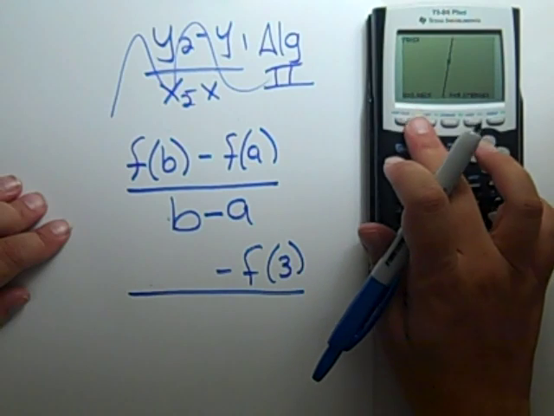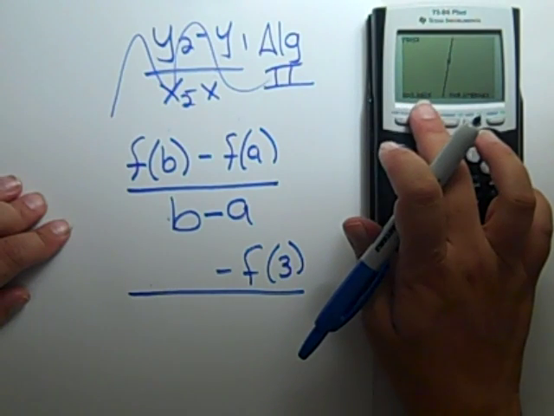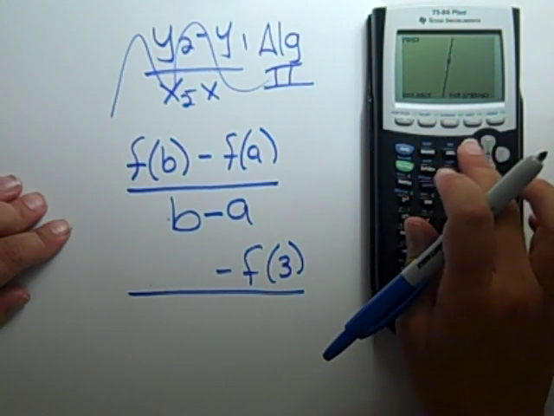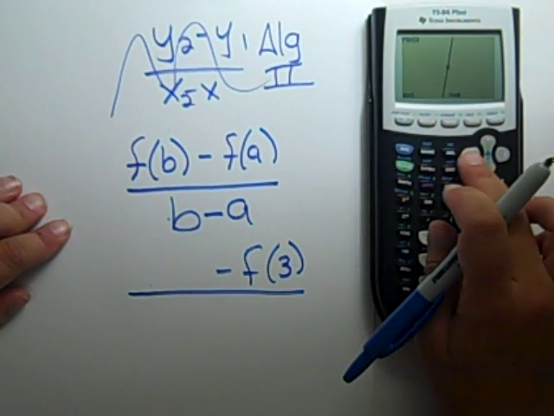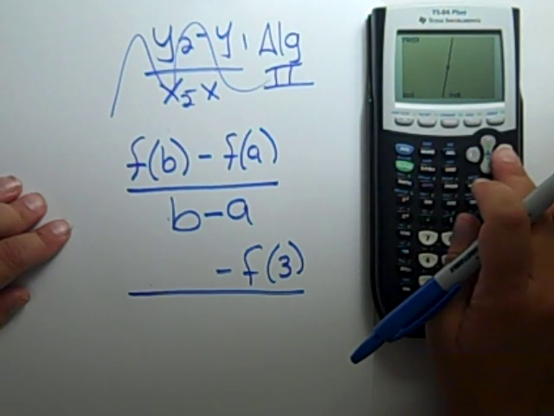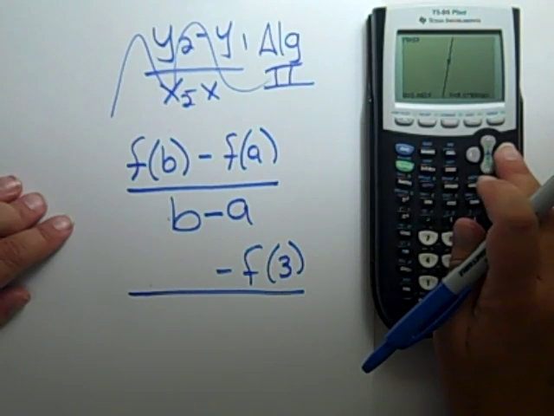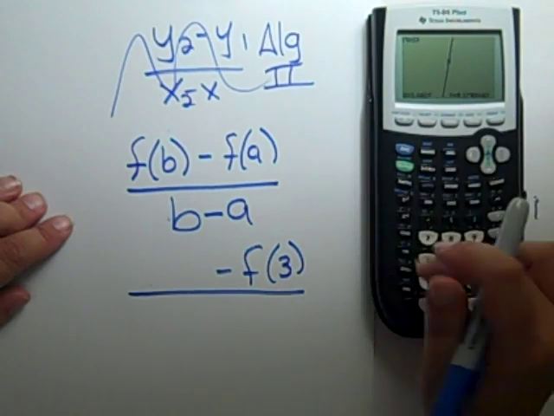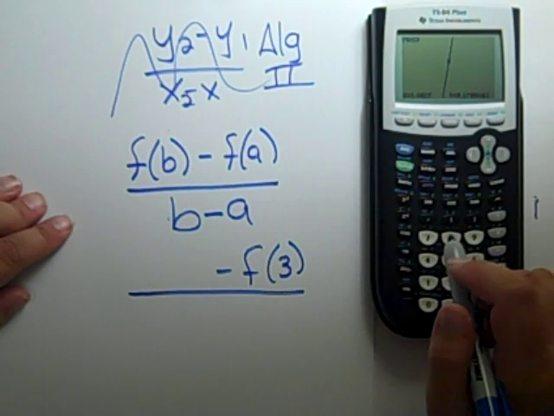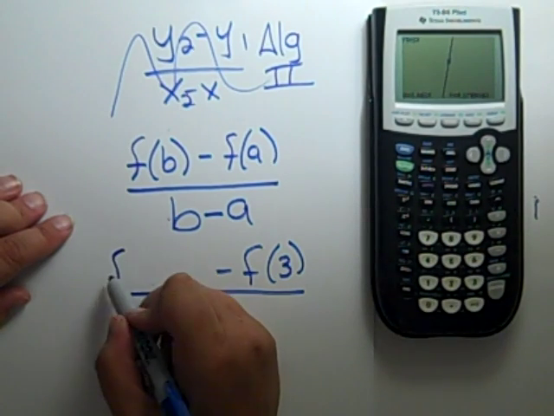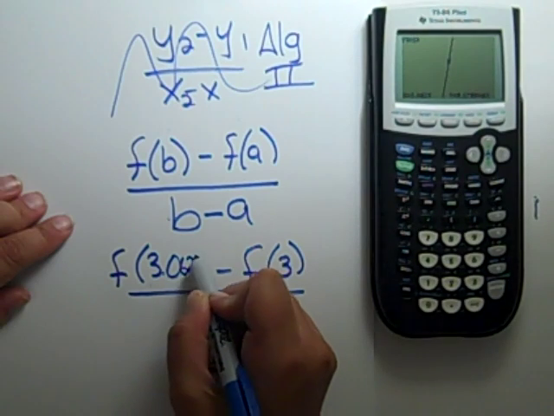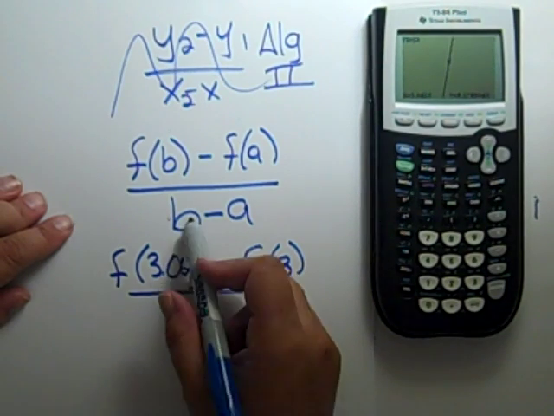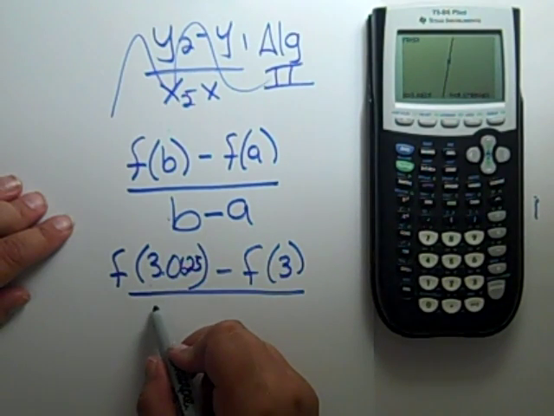For my b, my calculator showed x equals 3.0625. So see what I did? For a, I used x equals 3. Now I need another x value. I just moved over a little bit, and the next x value the calculator gave me was 3.0625. So f of 3.0625. And so b minus a, we just said what b was.